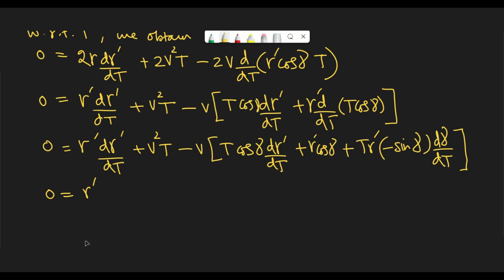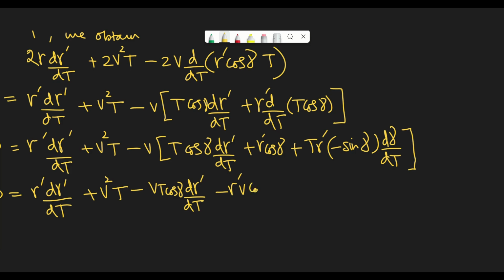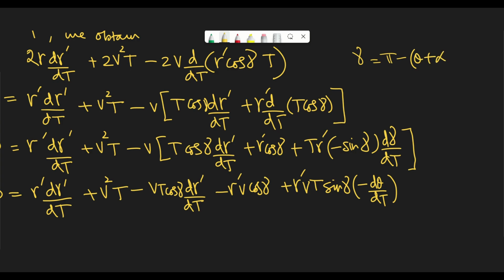So 0 is equal to R prime dR prime over dt plus V square T minus V T cos gamma dR prime over dt minus R prime V cos gamma plus R prime V T sin gamma minus d theta over dt. Gamma is equal to phi minus theta plus.